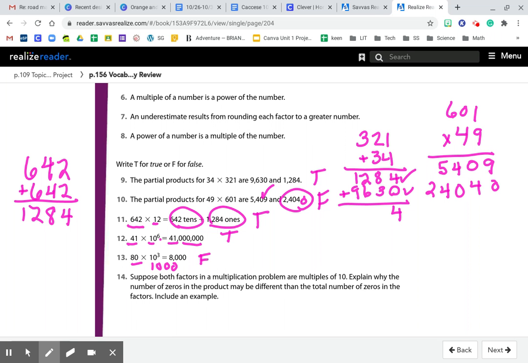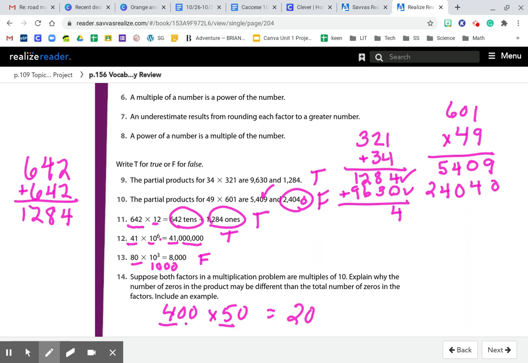Suppose both factors in a multiplication problem are multiples of 10. Explain why the number of zeros in the product may be different than the total number of zeros in the factors. Include an example. Well, when I always say solve a simpler problem, you have to be careful. So 4 times 5 is 20.